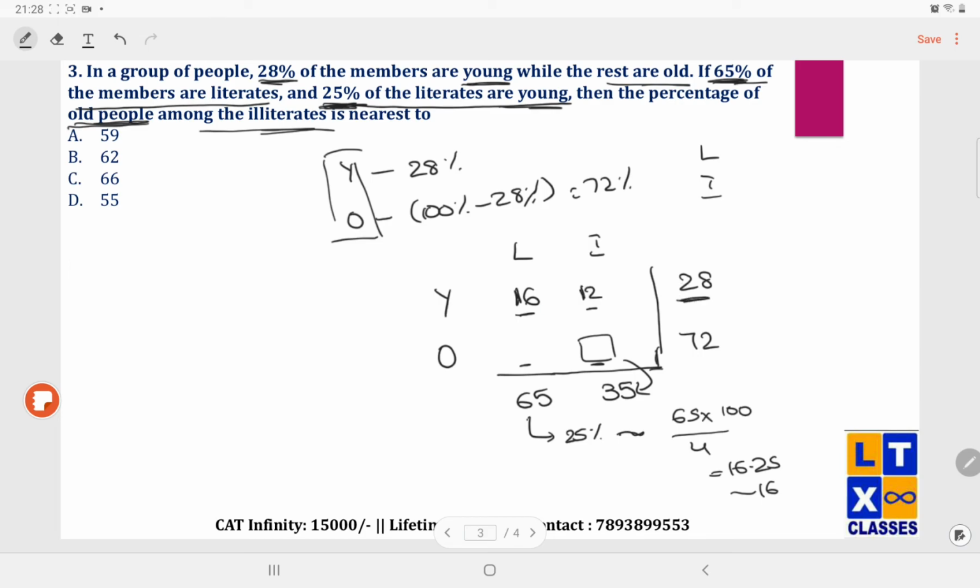Which is 12. And if I know the total illiterates are 35, out of which young illiterates are 12, how many old illiterates would be there? It's 23. So what they've asked is what percentage of illiterates are old people. So there are 23 out of 35. If I have to put it in percentage terms, 5 20s, 5 7s, 7 goes 3.3 times, 20 times 3.3 is 66%. That's the answer for this question.